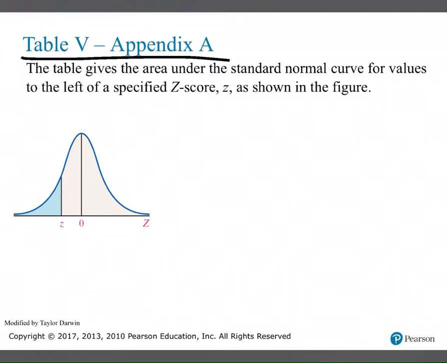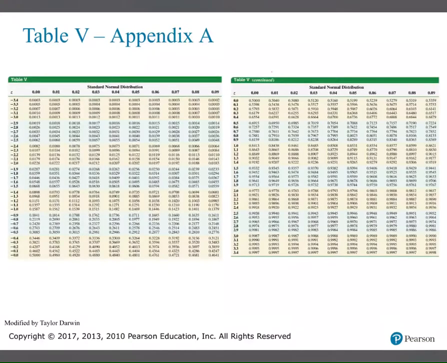All we have to find is a z-score, and it will tell us the area, or the probability, the likelihood that something is going to happen. And so it's very cool. Your z chart will look like this. You'll have a positive side and a negative side. I'm going to explain how to use this z chart because I'm not going to be able to show you every single time, so you definitely want to have it ready.